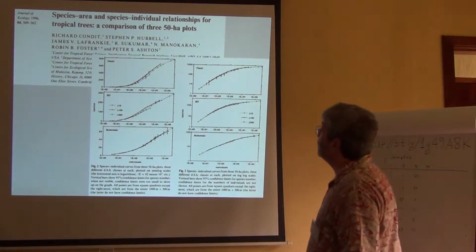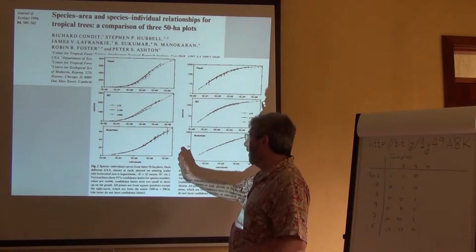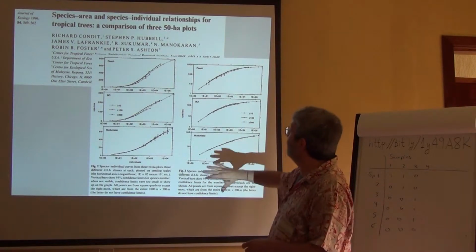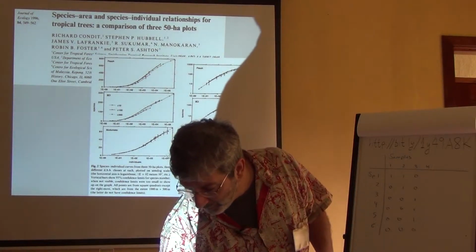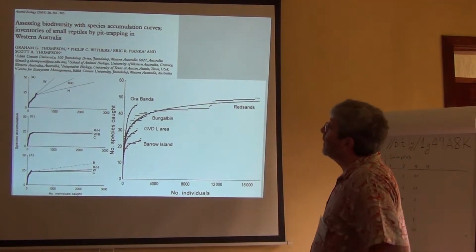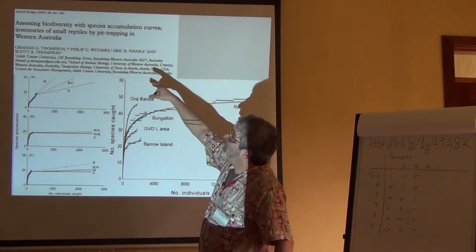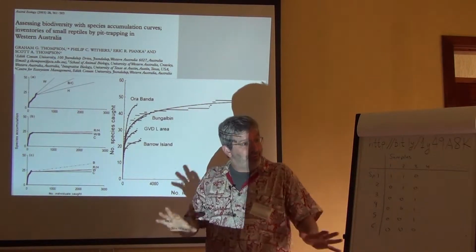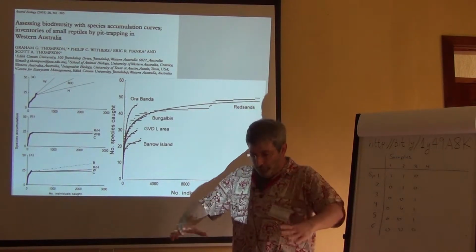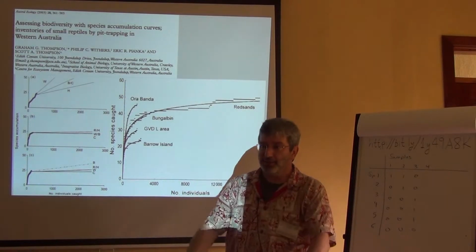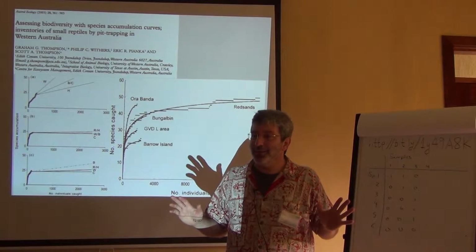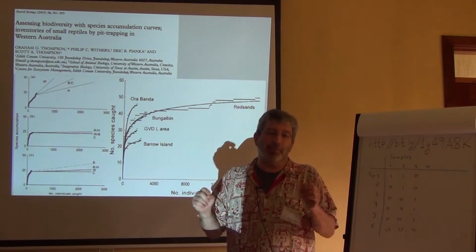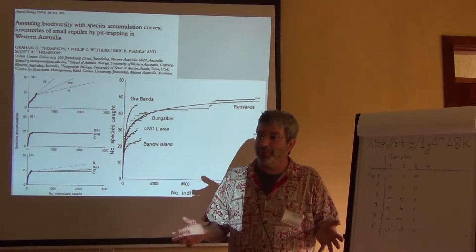So these are species area relationships, and again, as you get more inclusive, you see these relationships continuing to go up. Here's species accumulation curves by pit trapping. This is nice because you dig a sampler and you walk away from it for a night, and at the end of the night you come back and you see what's in your trap.